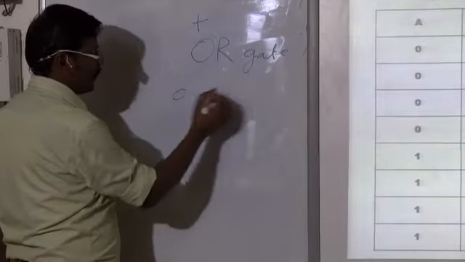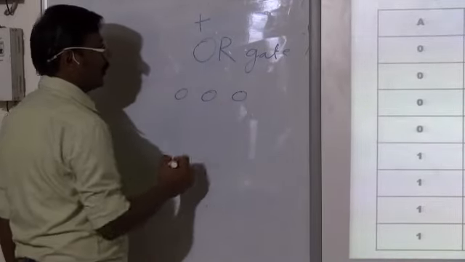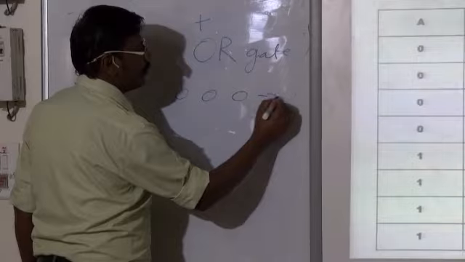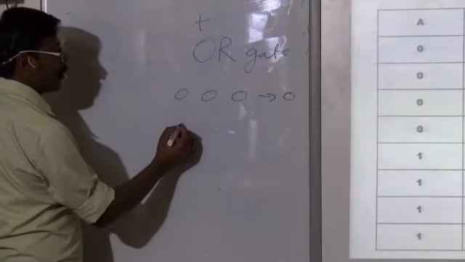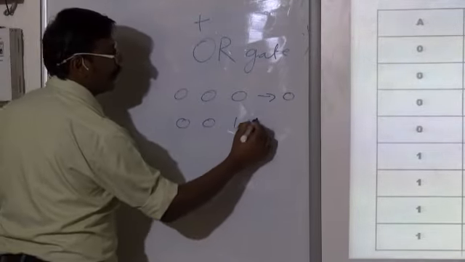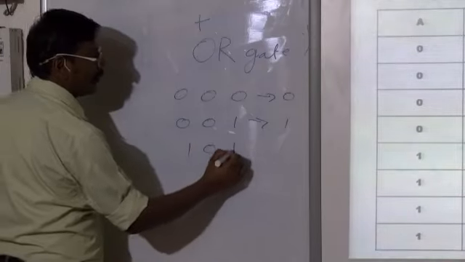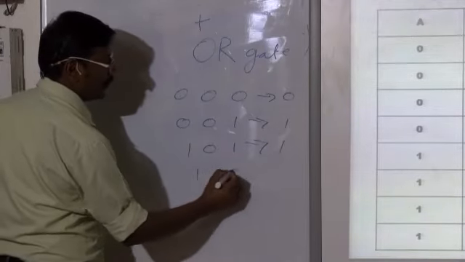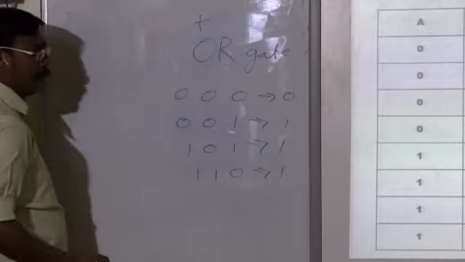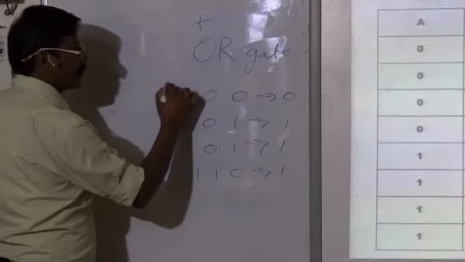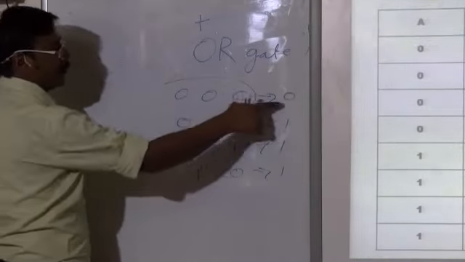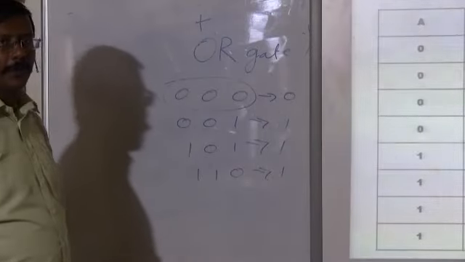Say, for 3 input variables, if all 3 are 0, then it will remain 0. Any other combination, 0, 0, 1, it will become 1. Or 1, 0, 1 becomes 1. 1, 1, 0 will become 1. Or any other combination. So only when all are 0, we will have the output as 0.